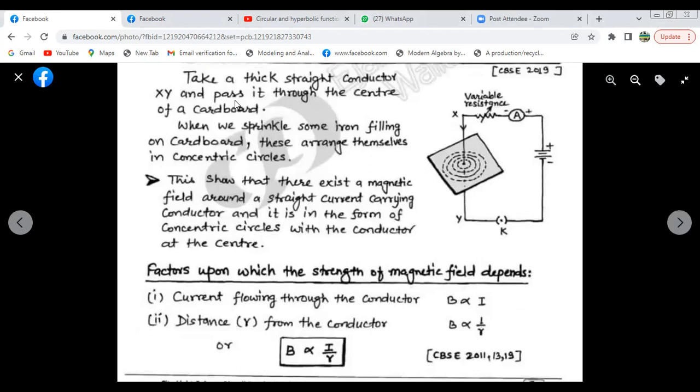Now, this is an experiment of Oersted. The strength of the magnetic field depends on the current flowing through the conductor. That means B is proportional to I. Distance r from the conductor: inversely proportional.